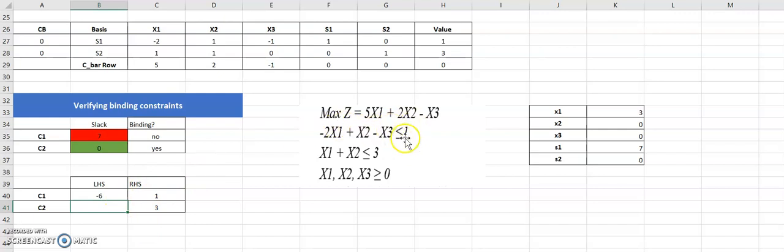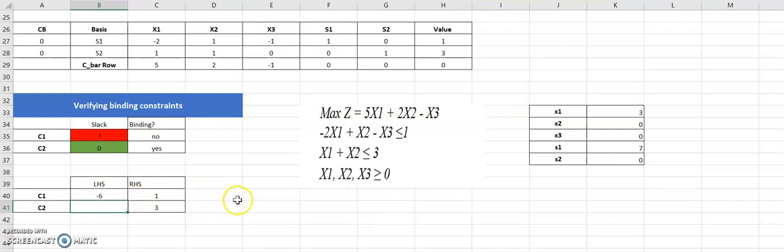We have 1 here. And actually, we care about the equality. If this equality holds, it means that the constraint is binding. But here, the equality does not hold, which means that this constraint is not binding.